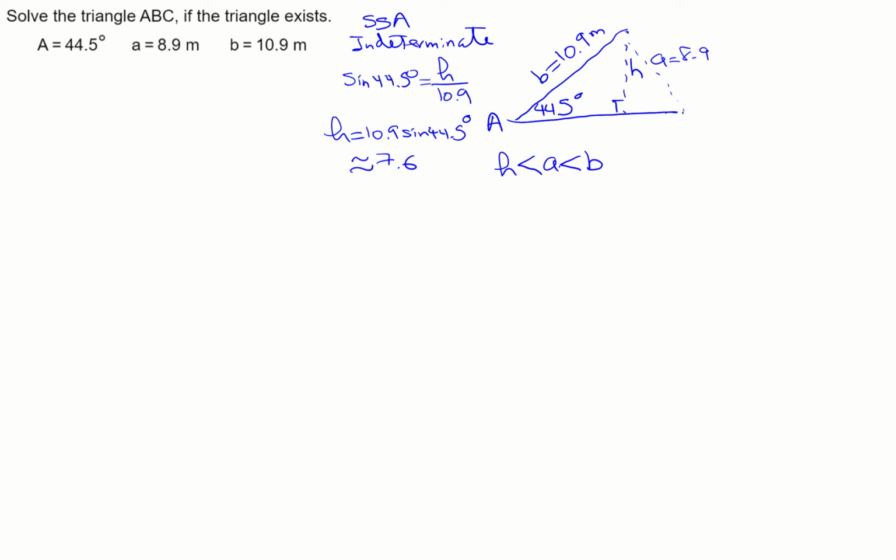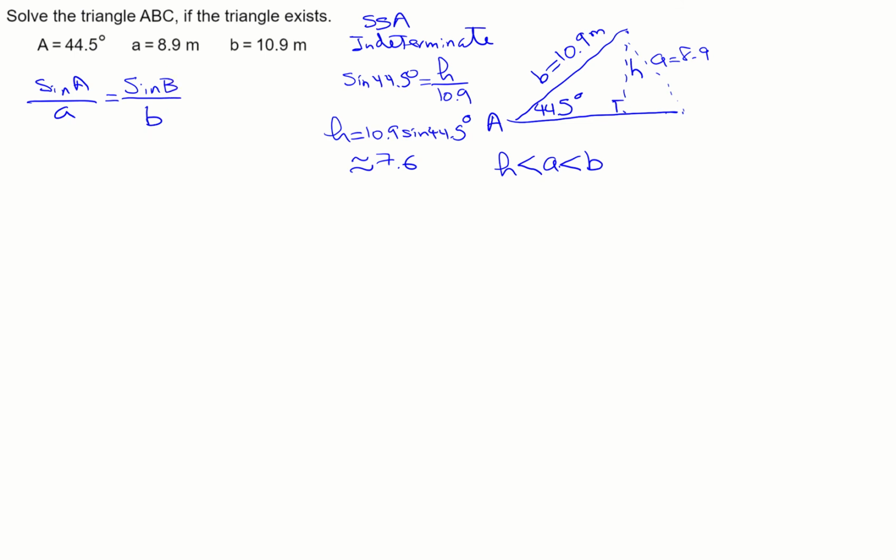So we know that sine of A over a equals sine of B over b. Notice in this equation, we know capital A, we know lowercase a, and we know lowercase b. So capital B is the only unknown.